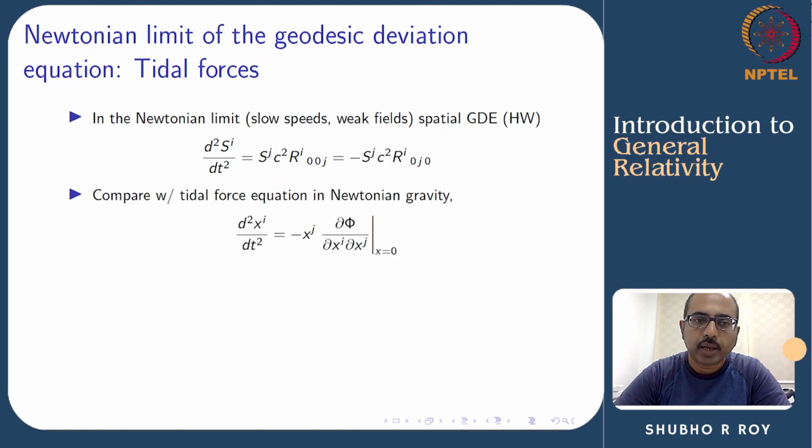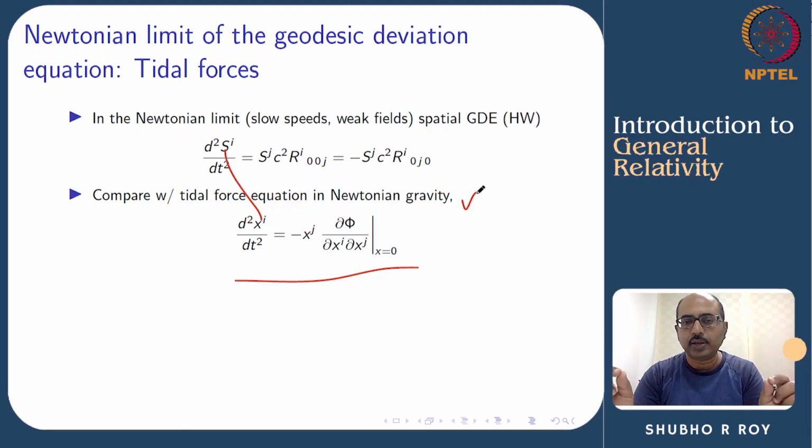Now if we compare with the tidal force equation of Newtonian gravity, which I have here for your convenience, as you can see, I compare the S with the xi. Remember, xi is the distance between a single point and another point on the same body, in fact the center of mass.